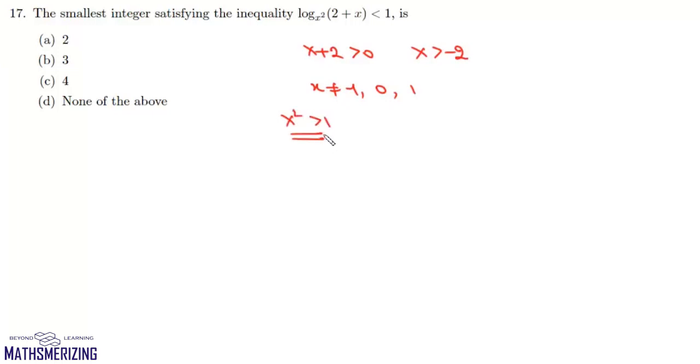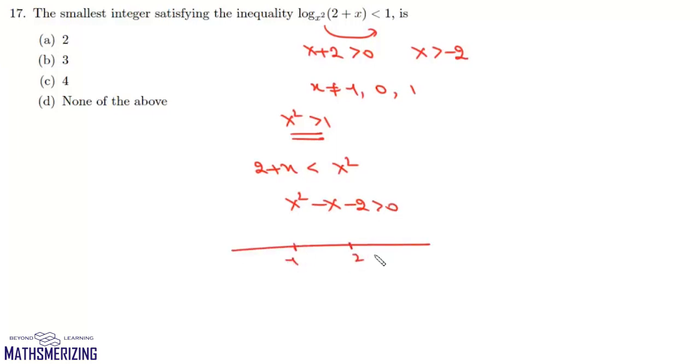Now when the base is greater than 1, if we take anti-log, the sign of inequality does not change. So we can write 2 plus x should be less than x square. Okay? x square minus x minus 2 should be greater than 0. We'll get minus 1 and 2. So this is plus, minus and plus. So this value should be either less than minus 1 or greater than plus 2.